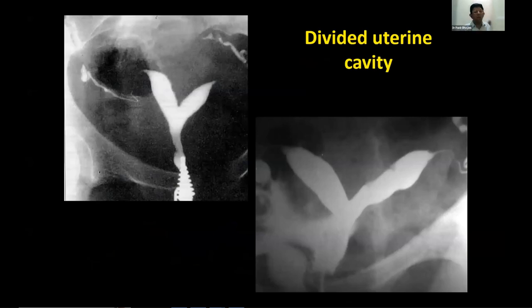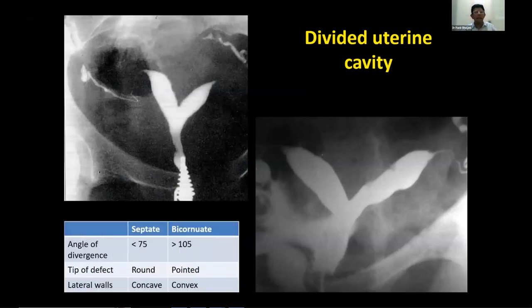Please keep this in mind: if the angle is less than 75 degrees, it would be an acute angle, and we would call it a septate uterus.